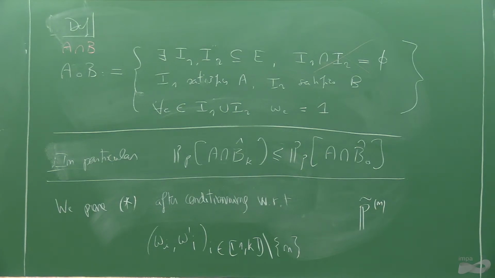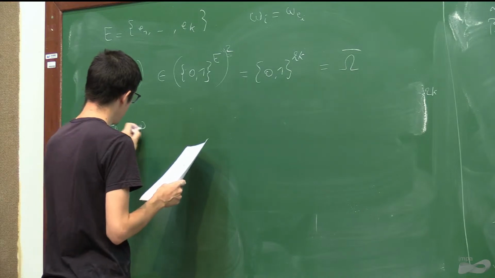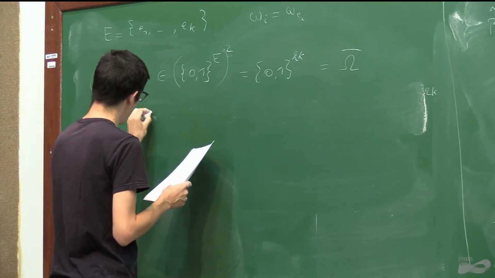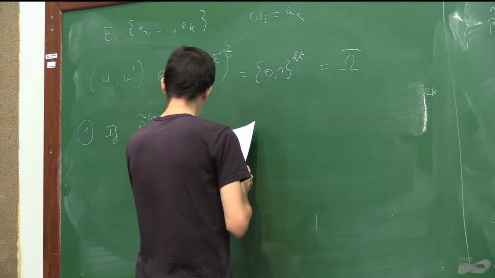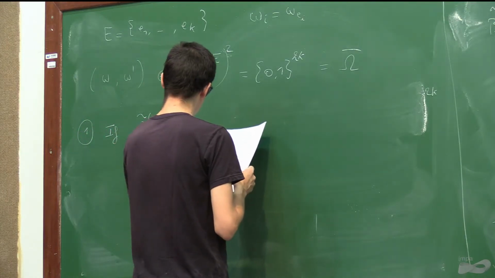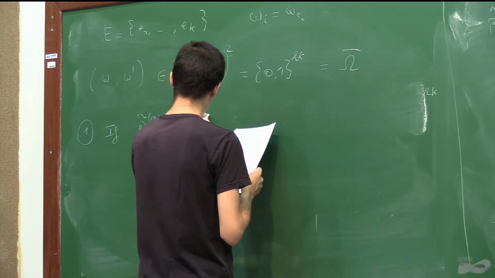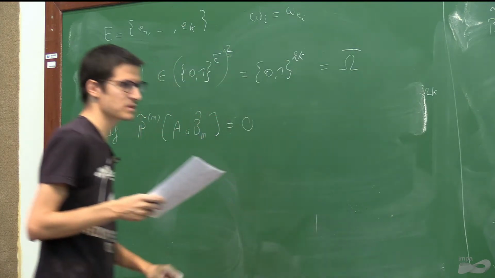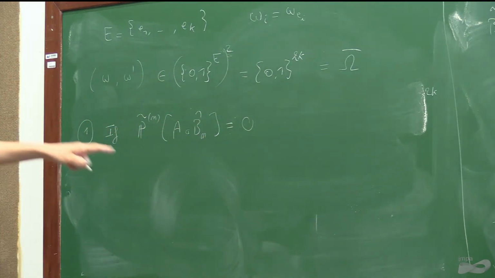Okay, so basically I have 3 possibilities. 2 of them are trivial. So first possibility, okay. If this probability is equal to 0, then star is true.